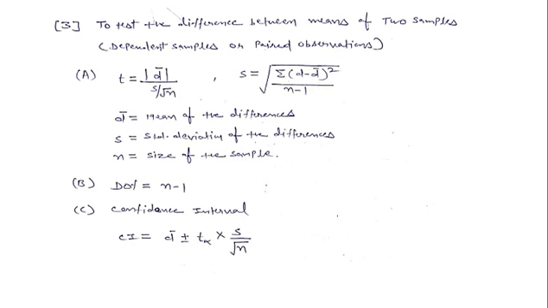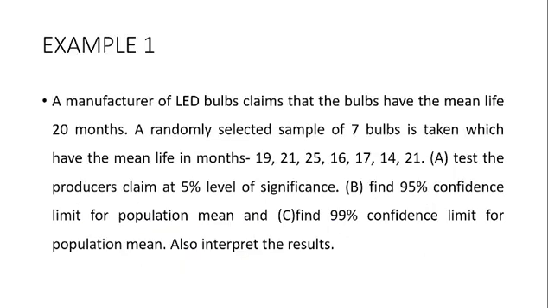Now we will understand the concept with the help of an example. First of all, we will see an example of the first case. A manufacturer of LED bulbs claims that the bulbs have a mean life of 20 months. The mean life of the bulb is given, so the population mean mu is 20 months.